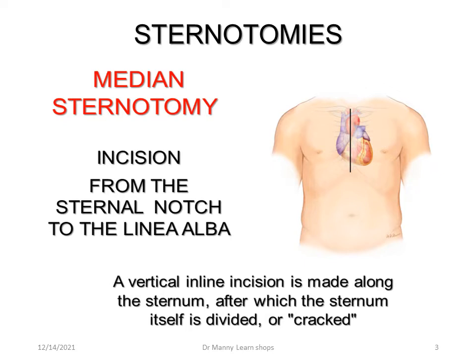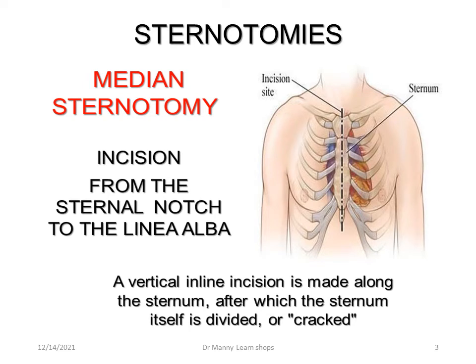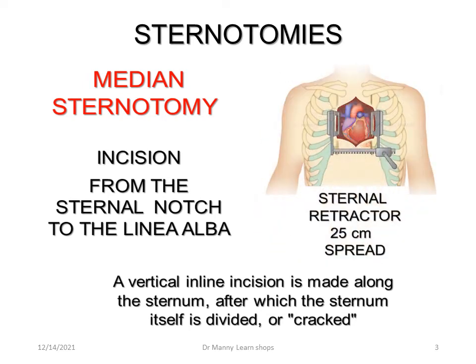Incision for a median sternotomy is typically from the sternal notch to the linea alba, as demonstrated in the diagram. Then a sternal retractor is applied, the sternum is separated and the heart is exposed.